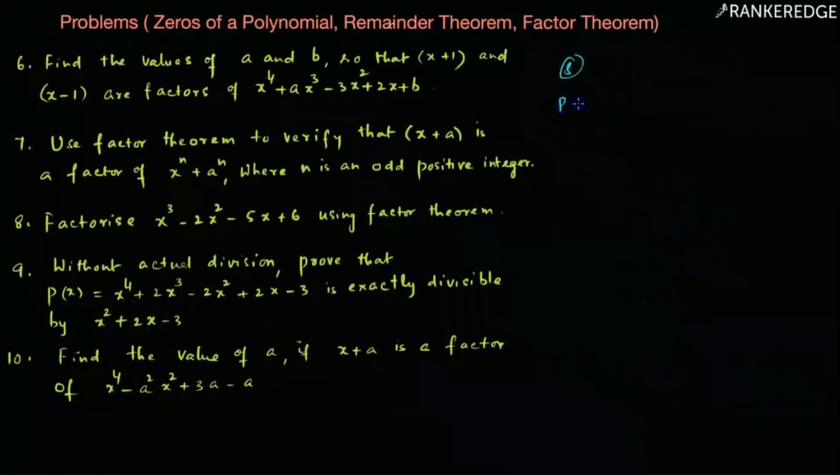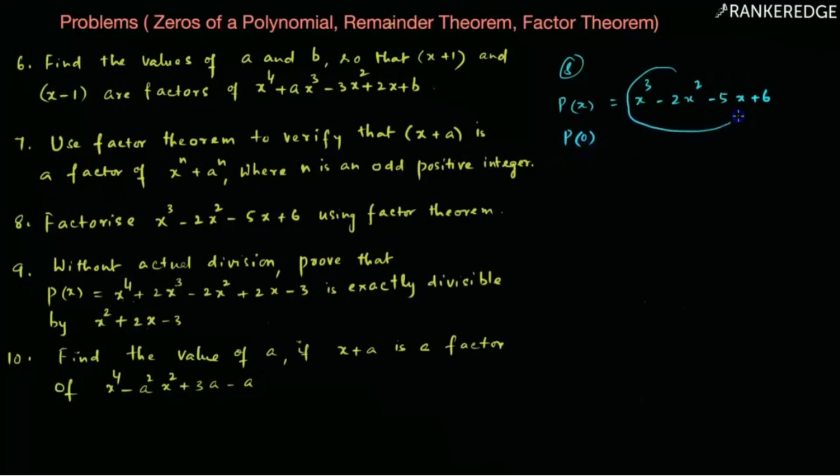Factorize. P of x is equal to x cube minus 2x square minus 5x plus 6. We have to factorize this polynomial using factor theorem. Let's try out some values. I don't have to try p of 0 because if this goes away, I still have 6, so it's not giving me a value of 0.